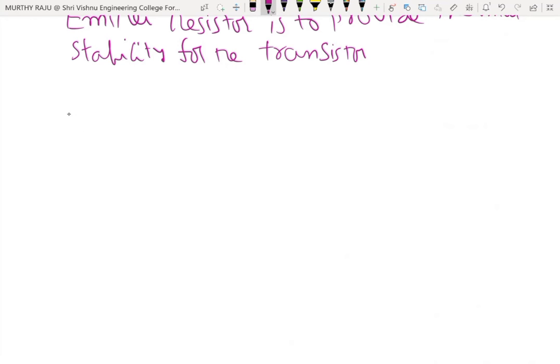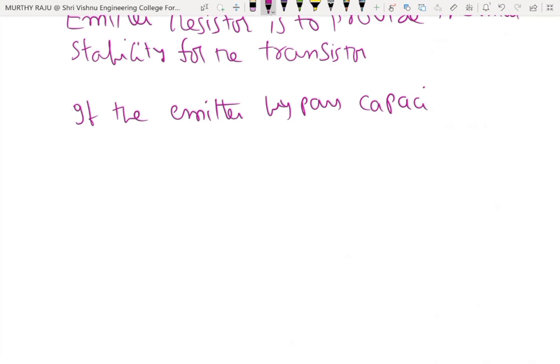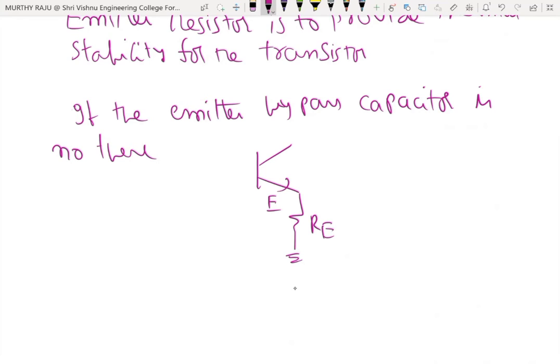Suppose the emitter bypass capacitor is not there. What happens? The circuit diagram is like that. Just RE is there. The emitter terminal is connected to RE, and the other end of RE is connected to ground.